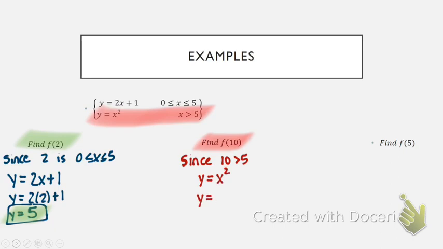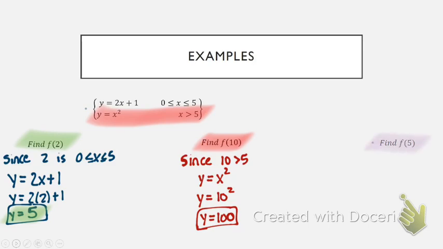If I want to know what y equals when x equals 10, I get 10 squared, so my y value is 100. Hopefully this is making sense.